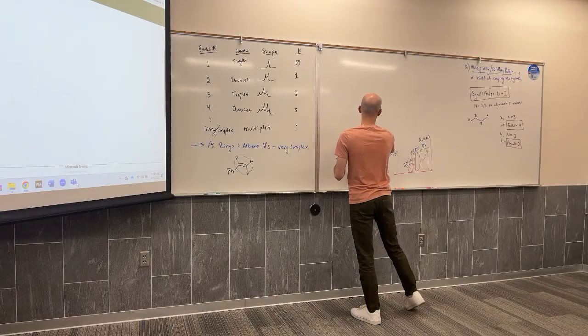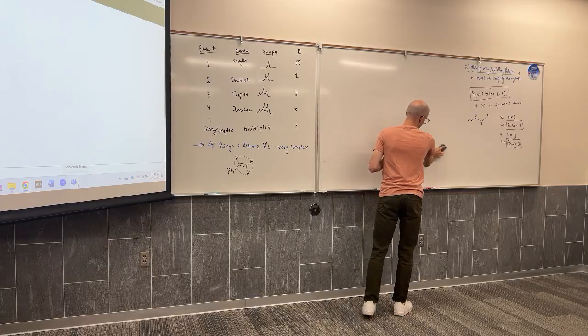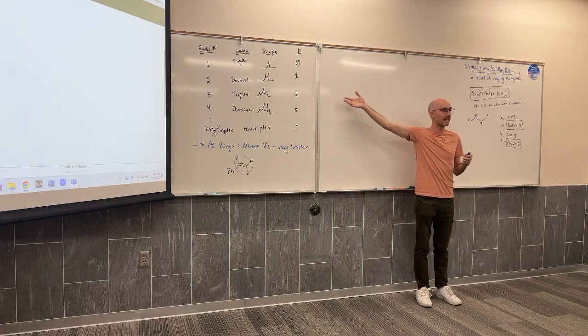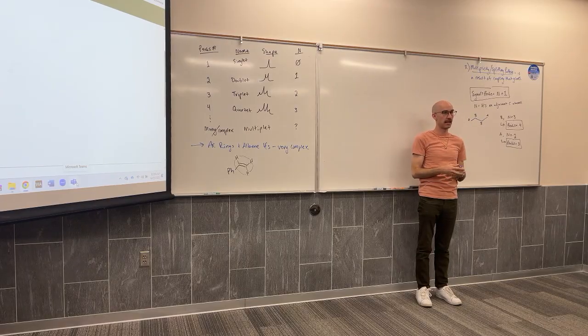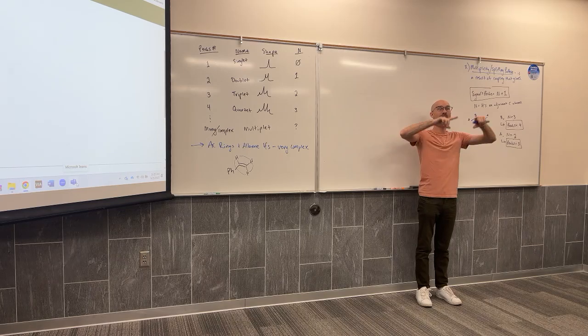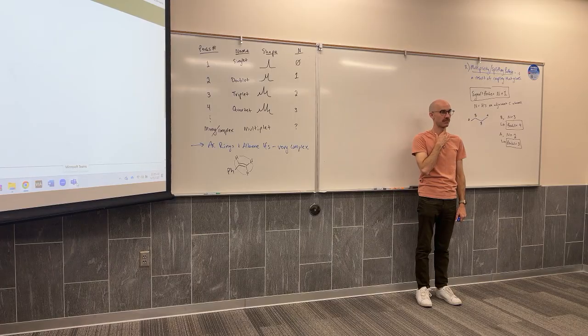Multiplicity is what gives us structural connectivity. Multiplicity is what tells me how many neighboring hydrogens these hydrogens have. I have an integration from a signal, so I know if I have CH, CH2, CH3, and now I have a splitting pattern, so I know how many hydrogens are connected to that CH, CH2, or CH3.